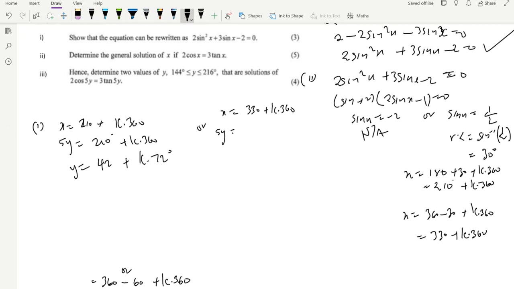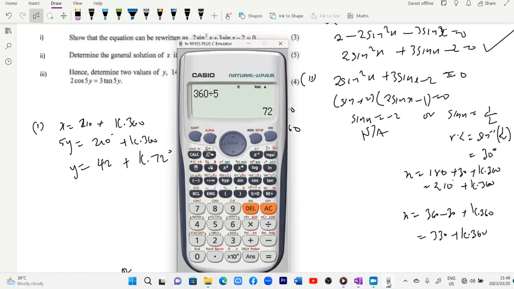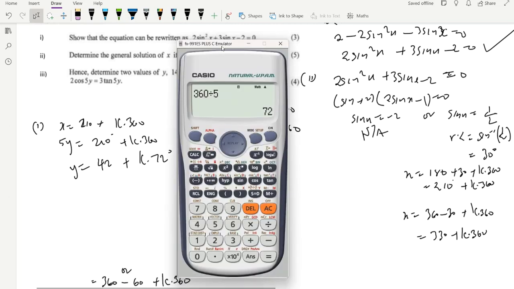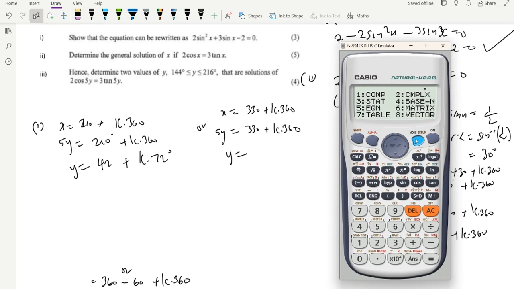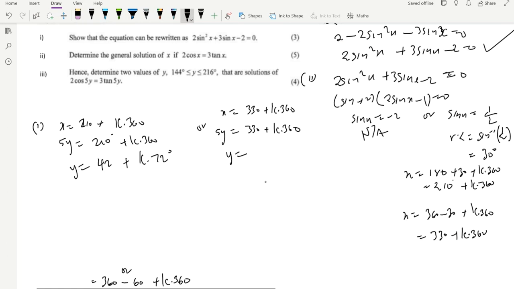What we said, which will be 5y equals 330 plus k 360. Divide your 330 by 5. 330 divided by 5, it's 66 plus k 72 degrees.